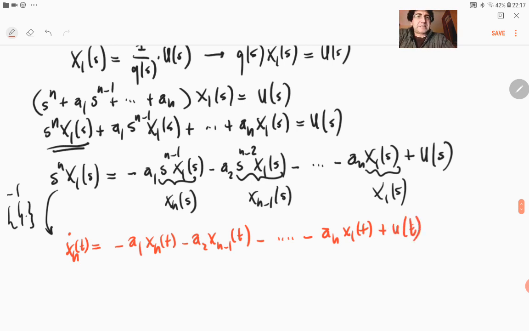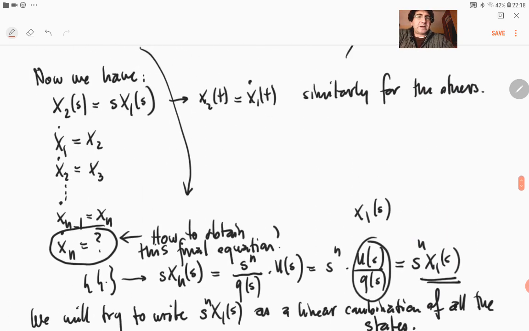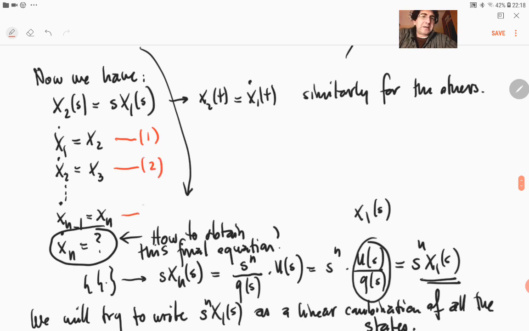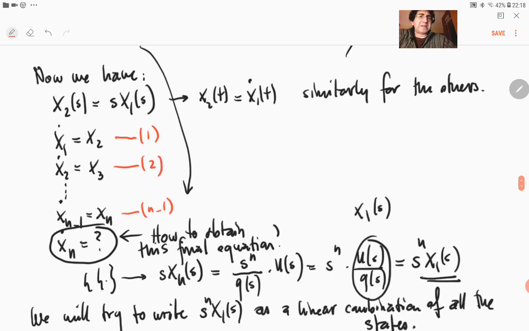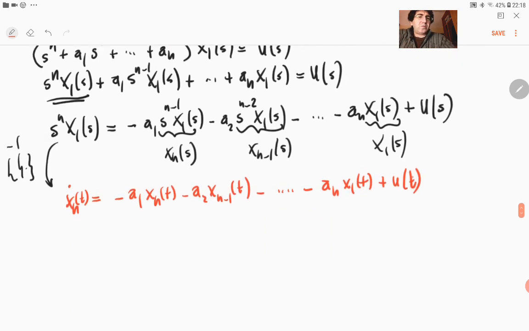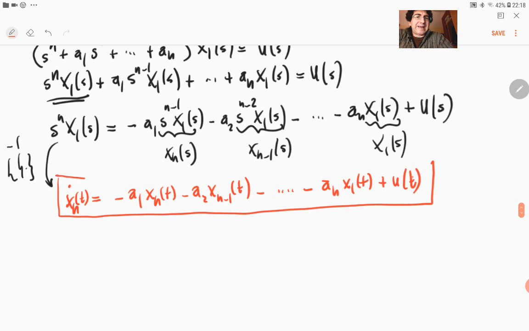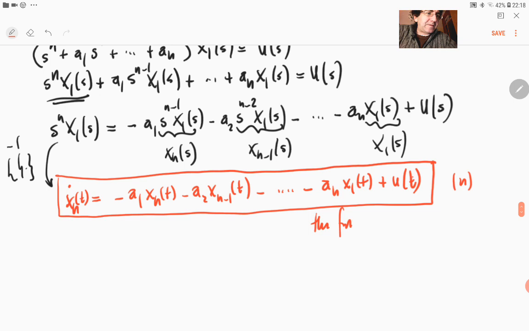So if these are my state equations, the first state equation, the second state equation, the n minus first state equation, and now what we have here is the nth state equation, the final state equation.